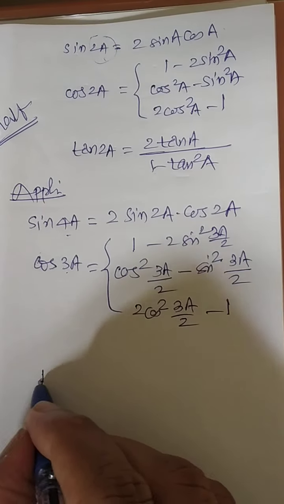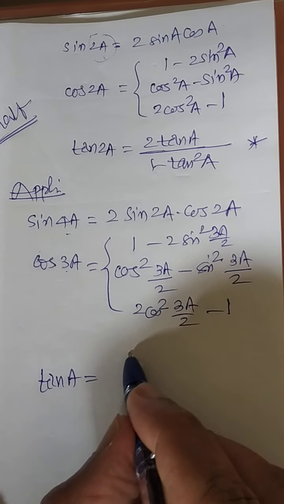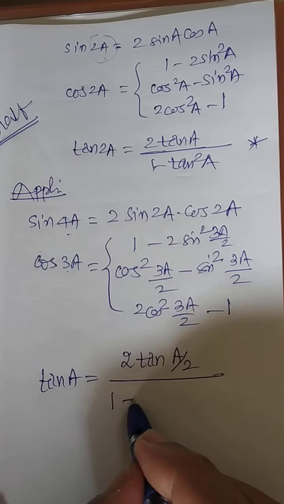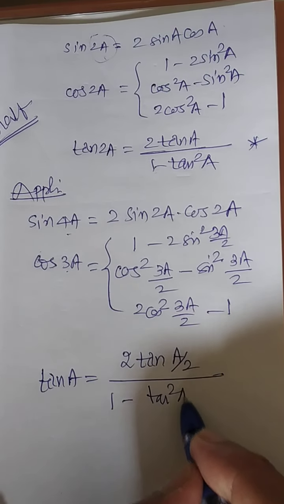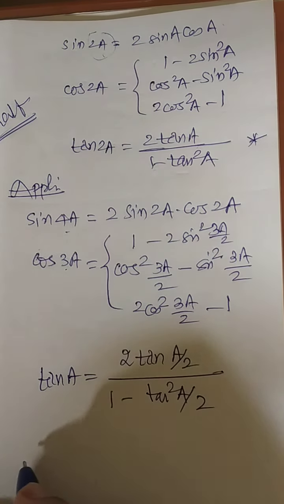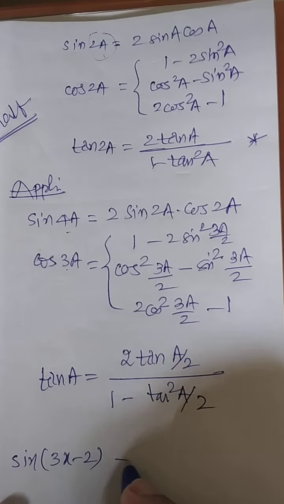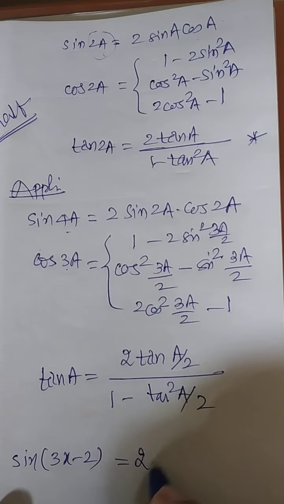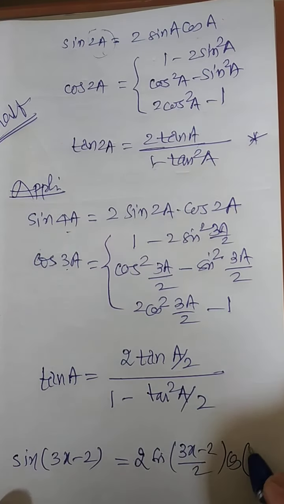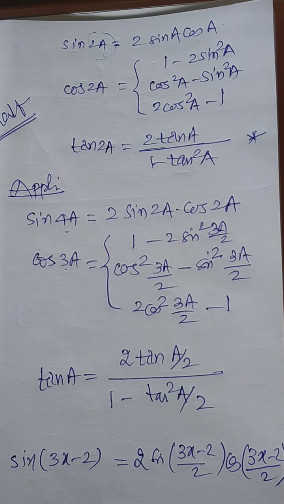Suppose I ask you what is the tan A in that case, looking at this remark, can anyone tell? Correct. It will be tan square A by 2. So this angle is going to be halved. Okay. Suppose here it is sine of 3x minus 2 and I want to write it like this. So it will be 2 sine of (3x minus 2) by 2 cos of (3x minus 2) by 2. Is it okay? So this way you can convert any.